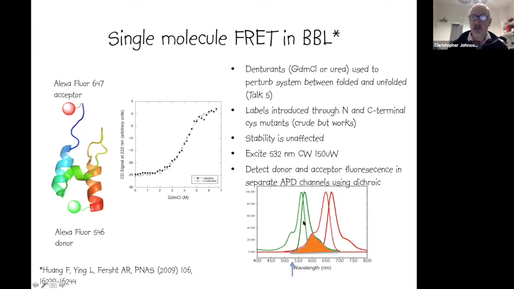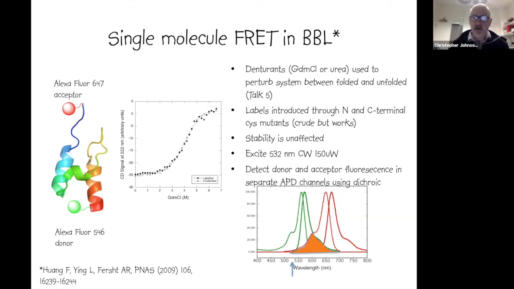Here you can see the spectral properties of the two fluorophores. We're exciting here with a 532 laser. This is the emission of the donor, and here's the spectral overlap with the excitation of the acceptor, and then here's the emission of the fluorescence acceptor.